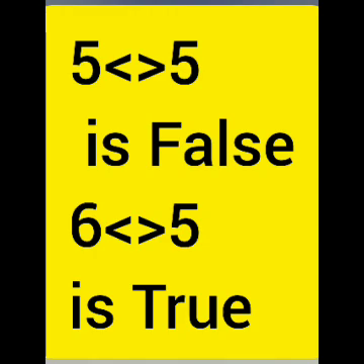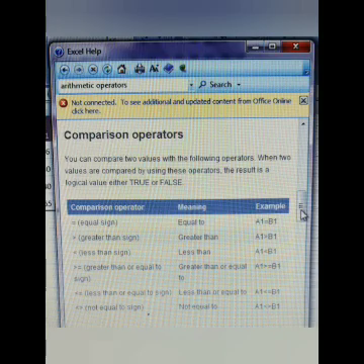Otherwise, if they are equal, then it will give the result as false. So these are the relational operators. They are used to compare two numbers and they give the result either true or false depending on the result of the operation. So next we are going to study about logical operators.